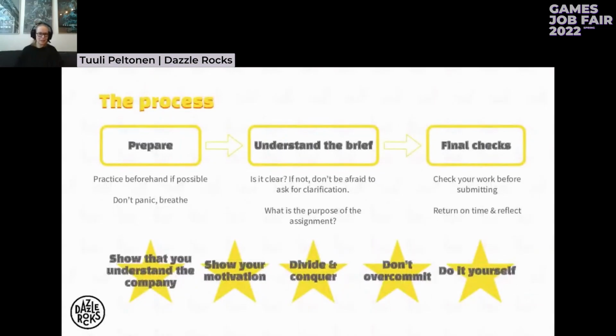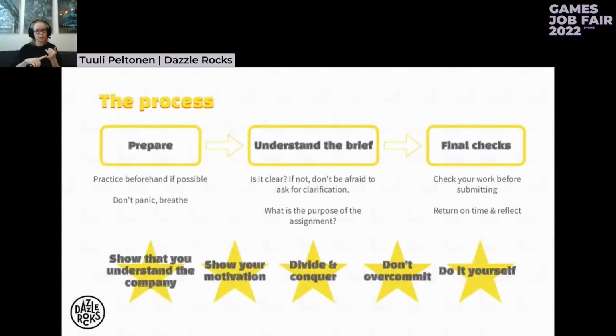So basically the process is that if you have the possibility, you can prepare for the test assignment. If you know that there is, for example, a code test process, you can practice beforehand. And yeah, it's easy for me to say don't panic, but breathe, it's going to be okay. And understand the brief.